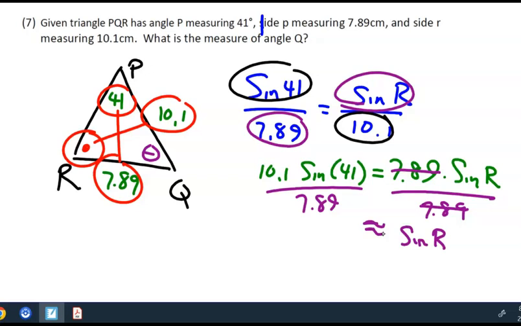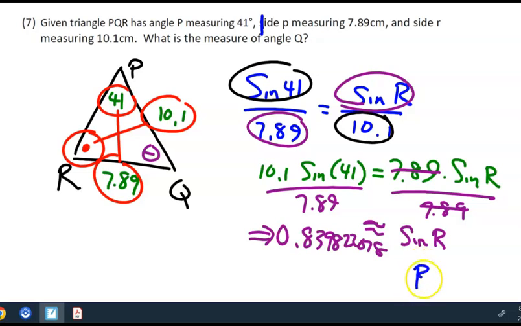So 10.1 sine of 41 degrees, close that parenthesis, divided by 7.89. So I end up here with 0.8398220078. Again, don't round that. Keep that whole number in your calculator, because we want to get the most accurate answers possible.